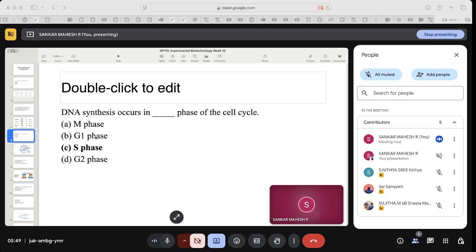The third question is: DNA synthesis occurs in dash phase of the cell cycle. M phase, G1 phase, S phase, G2 phase. You can think about this for a couple of minutes and then start by describing whatever you know about the cell cycle.